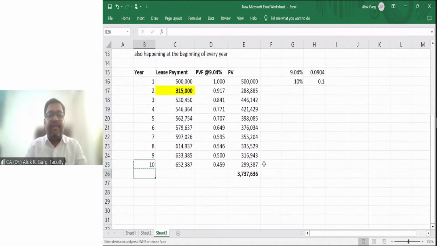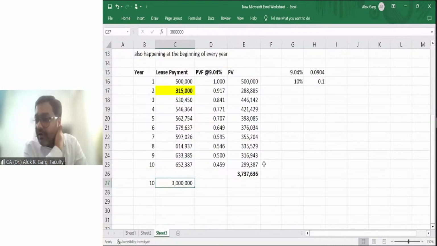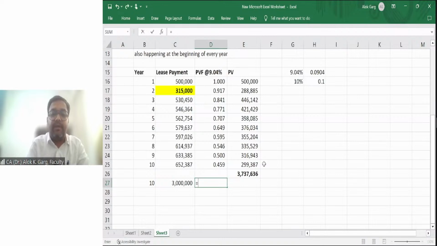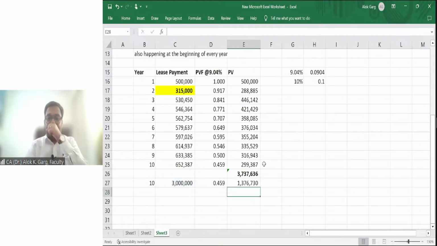At the end of the 10th year, you are required to pay 30 lakh rupees as the exercise price of the purchase option. What is the discount rate at the end of the 10th year? 0.459. What is the present value of 30 lakh as of today? 13 lakh 76,730.